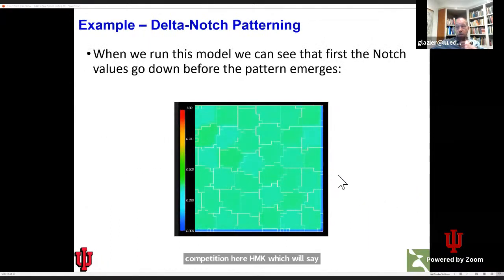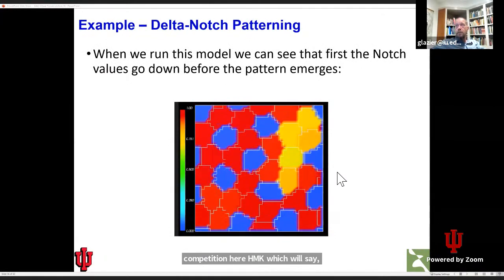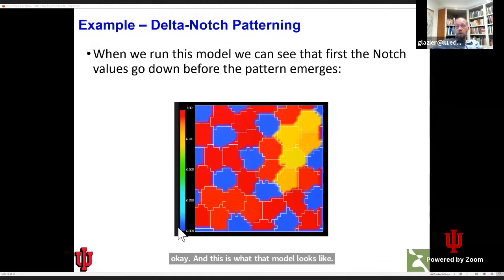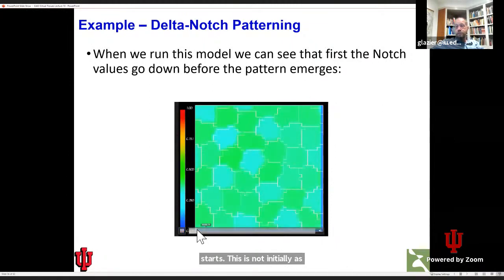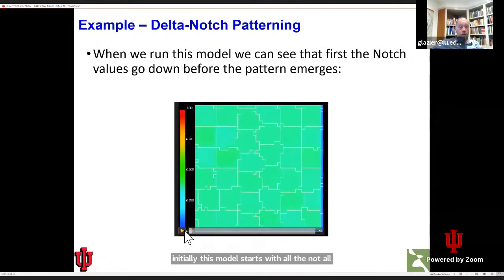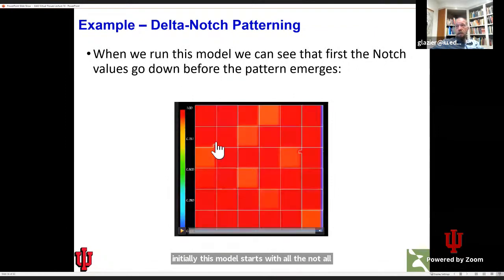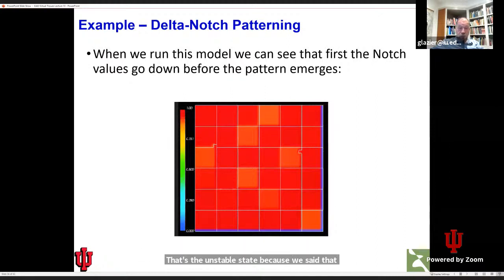Okay, and this is what that model looks like. Initially, this is Notch. This model starts with all the cells having Notch equal to 1. That's the unstable state, because we said that we expect low Notch in the isolated cell.